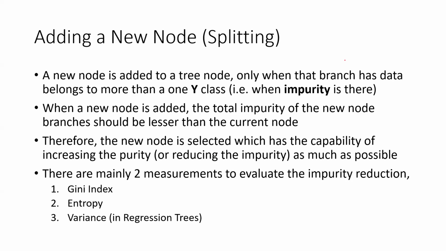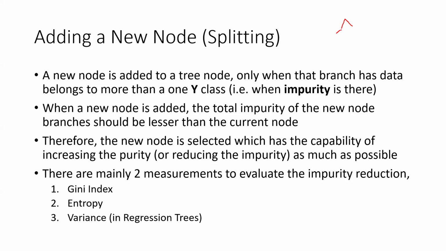And when you add a new node, the impurity should be reduced. That means the current node would have a certain level of impurity, and we will see how to measure the impurity in the future, right? For example, in this tree node, there's a certain level of impurity.